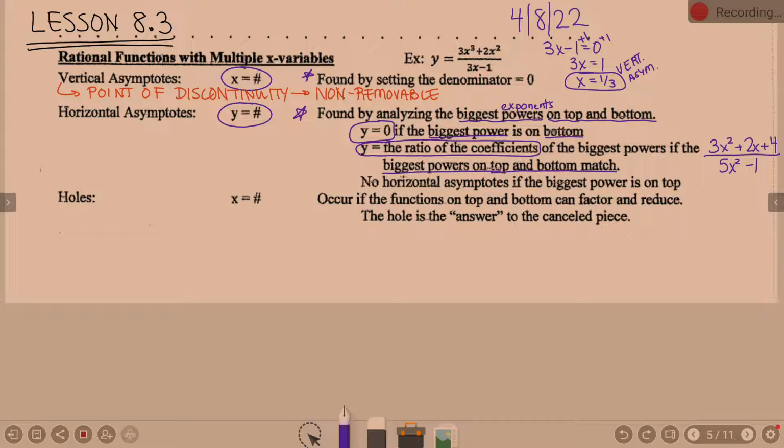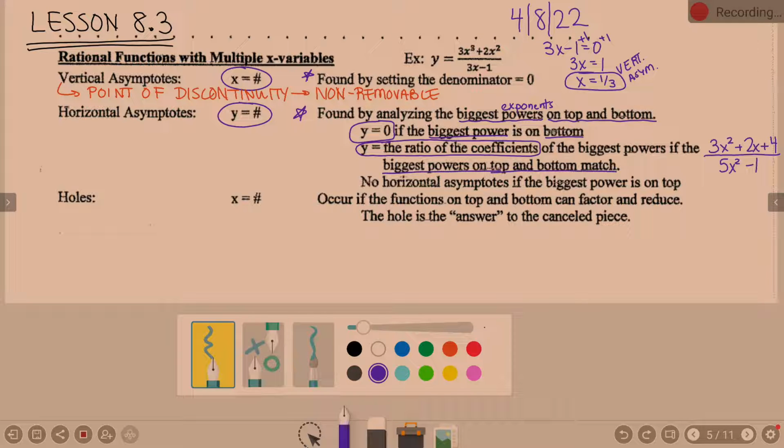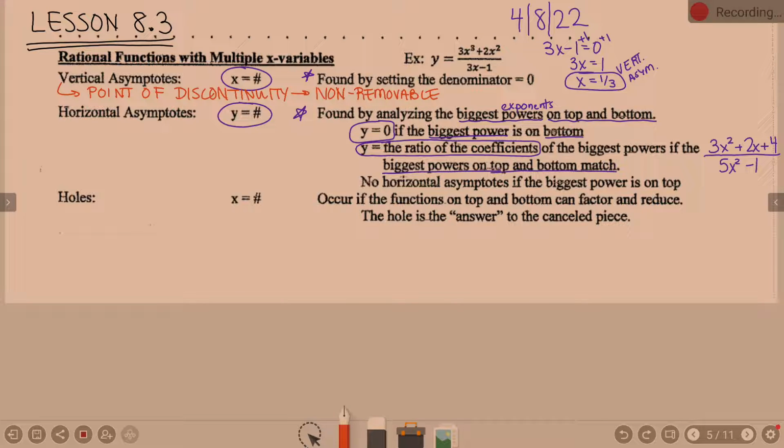That says 3x squared plus 2x plus 4 over 5x squared minus 1. What are the biggest powers here? The biggest powers are the squares, yes? So those are the terms we're looking at. The rest of this doesn't matter when we're looking at horizontal asymptotes, okay? We only look at the biggest powers.